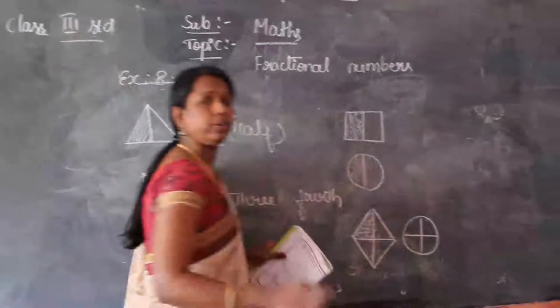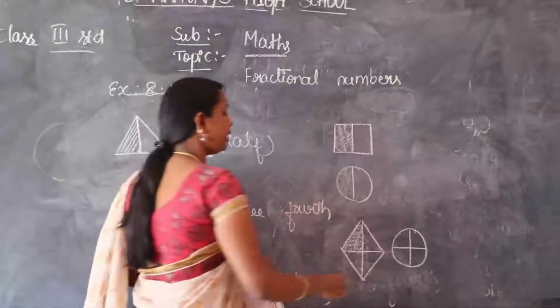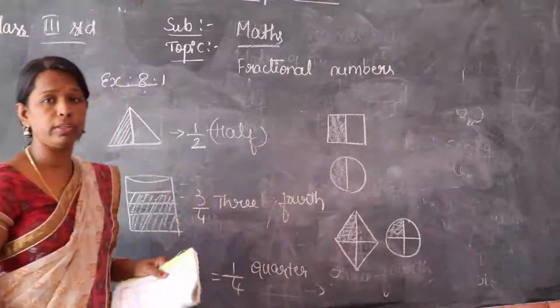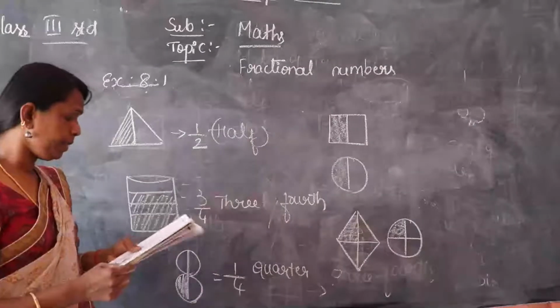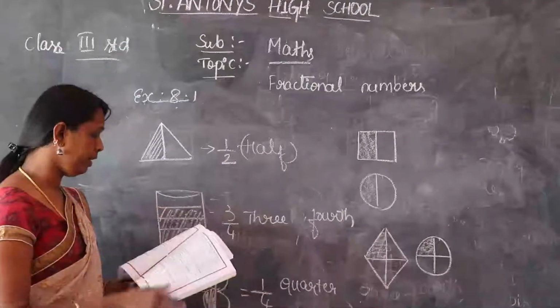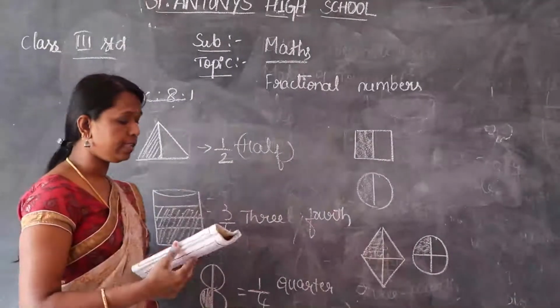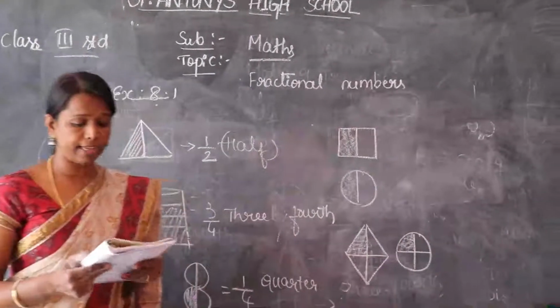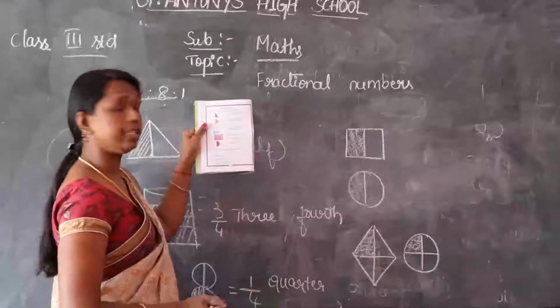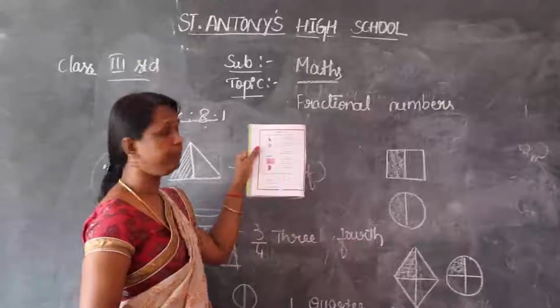Divide this circle into 4 equal parts and then color only one part. We will get 1 by 4th, that is quarter. In the numerical representations also write out this one, and from your exercise, observe the figure and fill in the blanks, that is from page number 42.